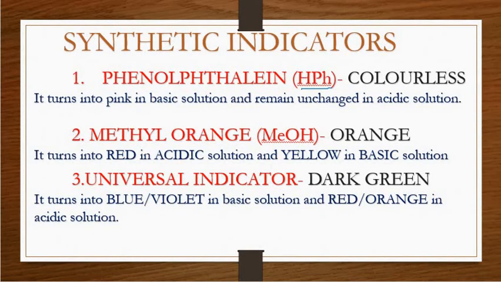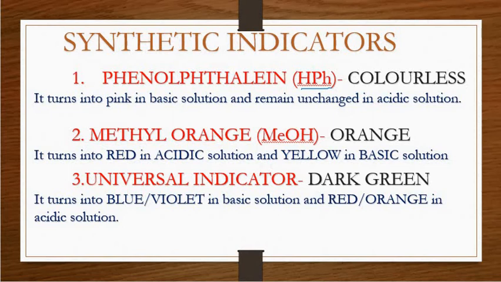Now another type, synthetic indicators. We need to know about three indicators. Number 1, phenolphthalein. Number 2, methyl orange. Number 3, universal indicator. These are the indicators which are synthesized in a chemical laboratory.